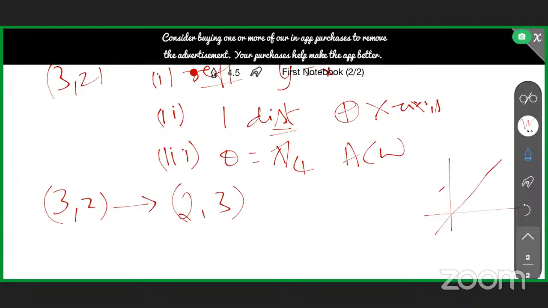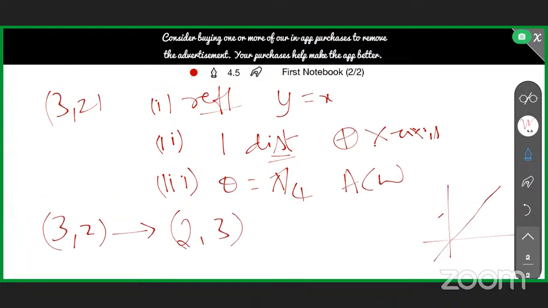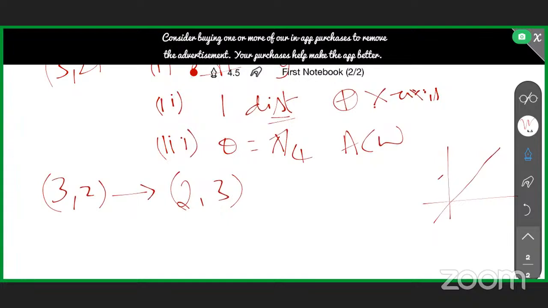Now the first transformation is over. The second transformation is translation by 1 unit in the positive x direction. That will become (2 plus 1, 3 plus 0), that is (3, 3).